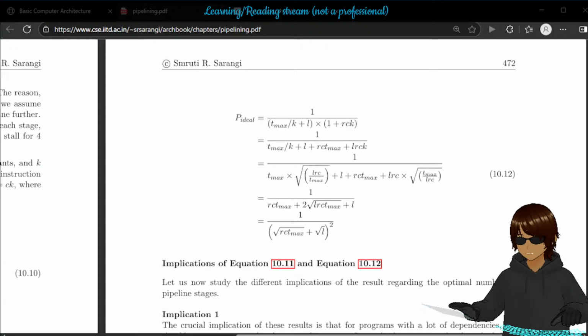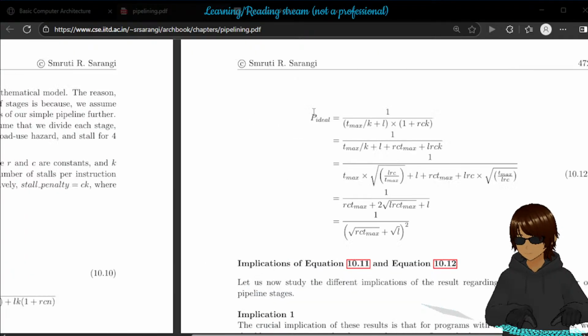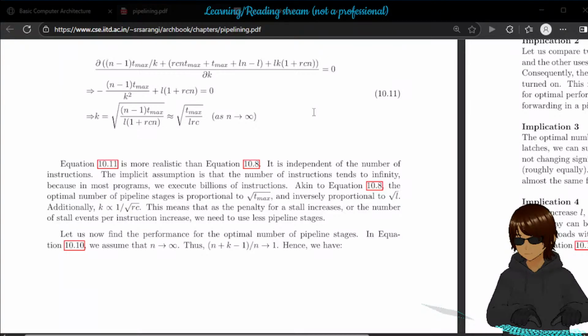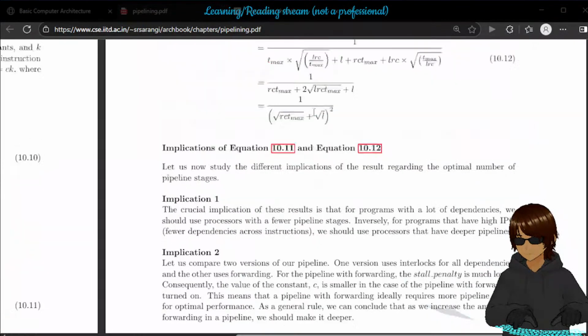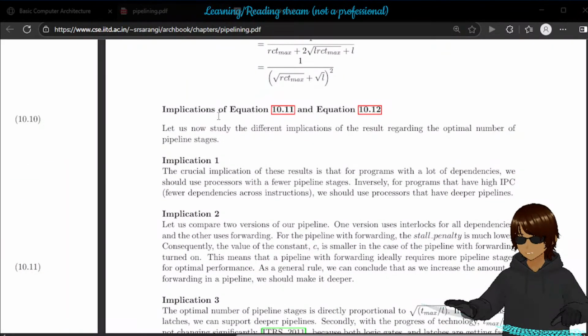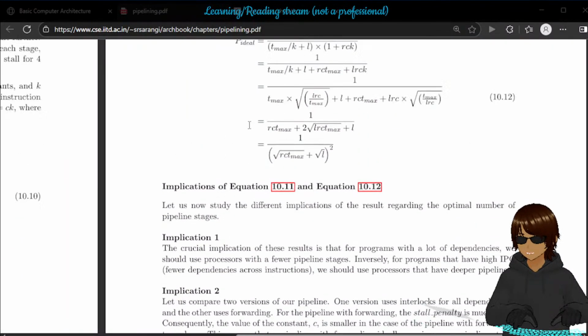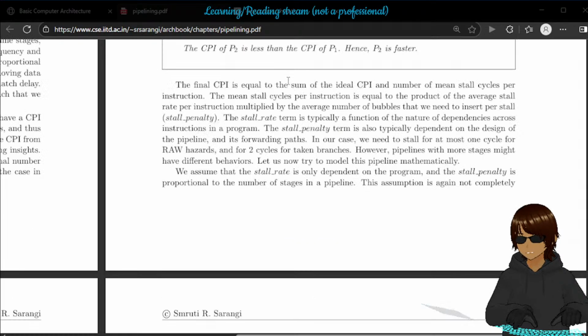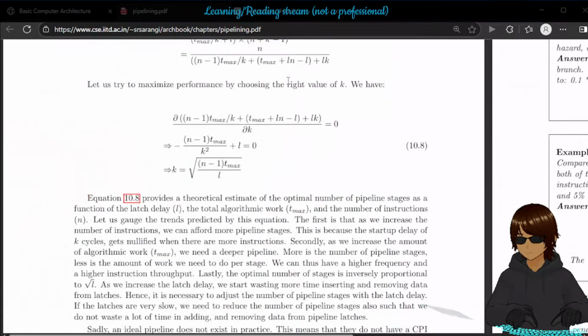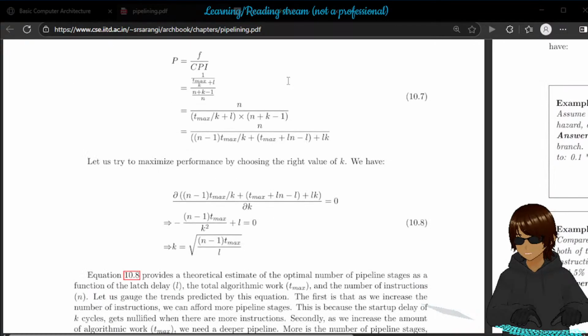I have no idea what's going on in here. Implications of equation 10.11 and 10.12. 10.12 is this one, right? Where P ideal is this. Now, how did they get this equation? Did I miss something before?